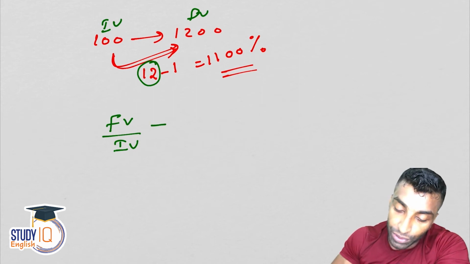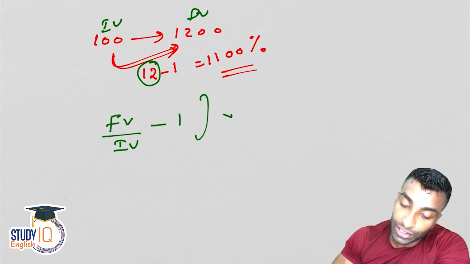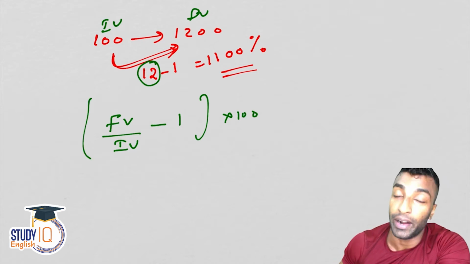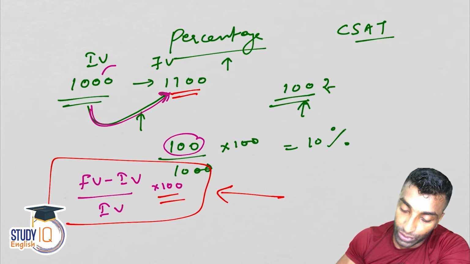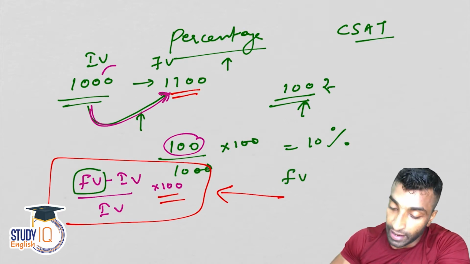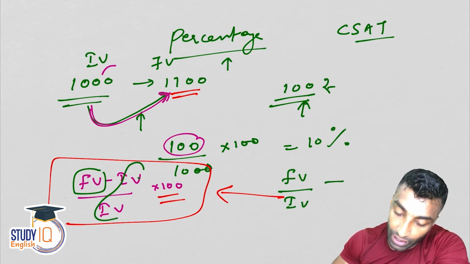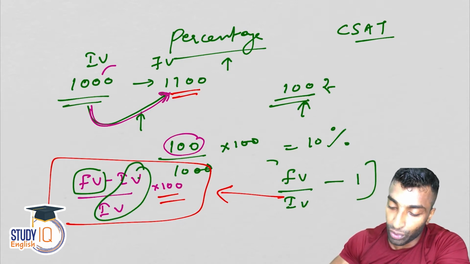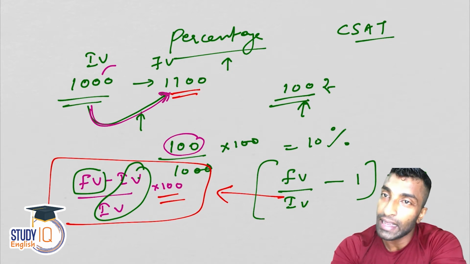And then I asked you to subtract 1, right? And then I asked you to multiply by 100. So this is exactly what you're doing here also. If you see here, final value divided by initial value minus initial value divided by initial value is actually 1 only, multiplied by 100. This is what exactly you're doing there.